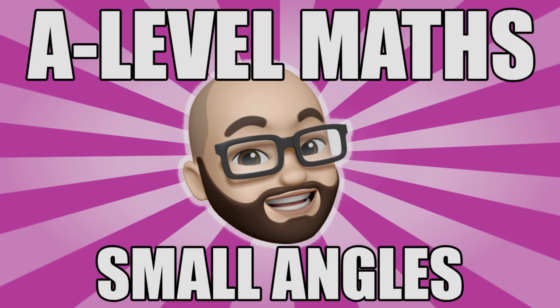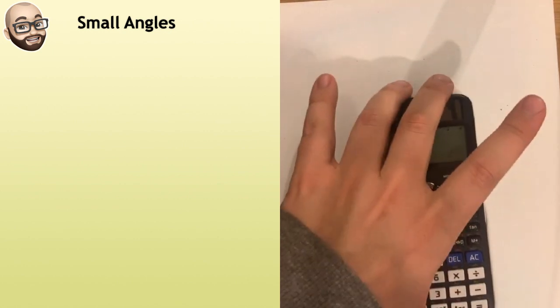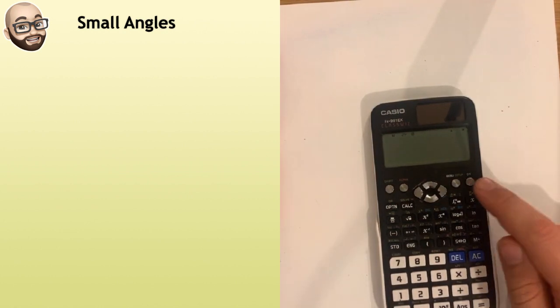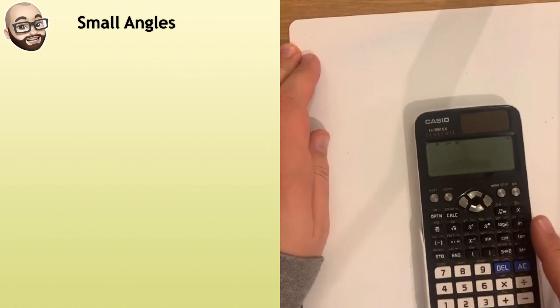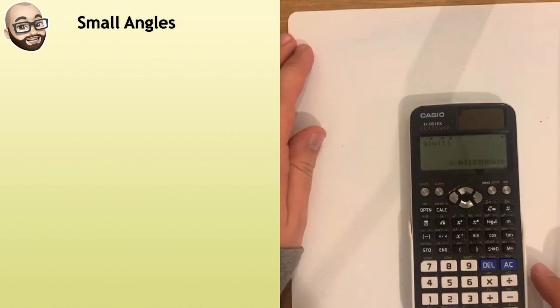Okay, now if you want to test how good your calculator actually is, you can do something called the sine test. Now this only works in radians, and what you want to do first of all is start off by just typing in sine 1 and press equals.